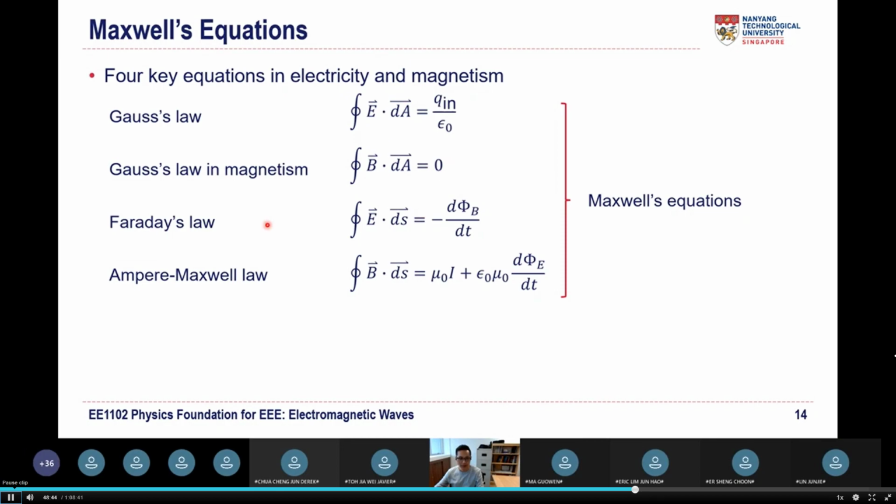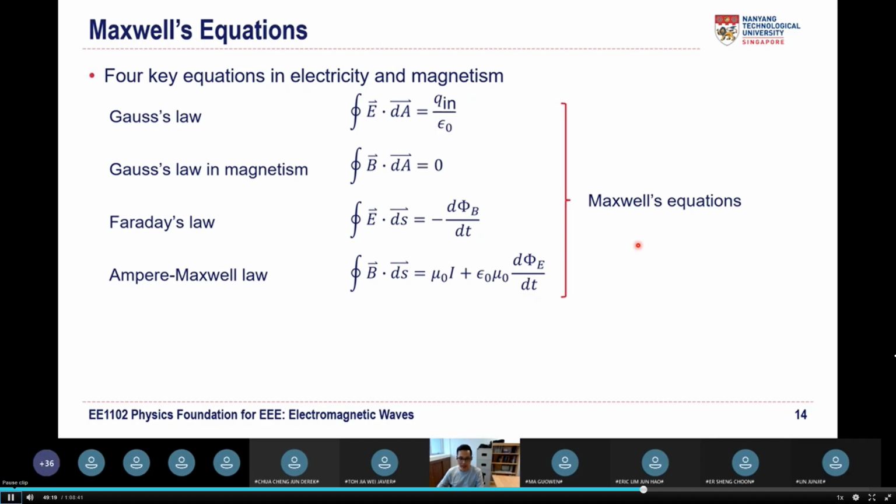Faraday's law was how changing magnetic flux through a closed loop is going to create an electric field around it. And Ampere-Maxwell's law was how changing electric flux through a closed loop and a steady current through the same closed loop is going to create a magnetic field around it. Okay, so that's Maxwell's equations.